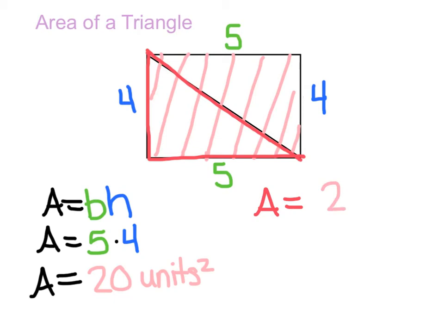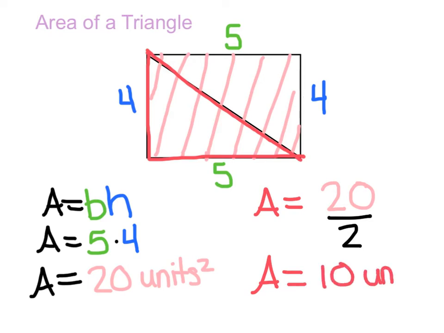So the area of the rectangle was 20 units, and now I'm going to divide that by 2 to get the area of the triangle. So the area of my triangle is equal to 10 units squared. So each of these triangles has an area of 10, and that makes a total area of 20 units, which is the entire rectangle.